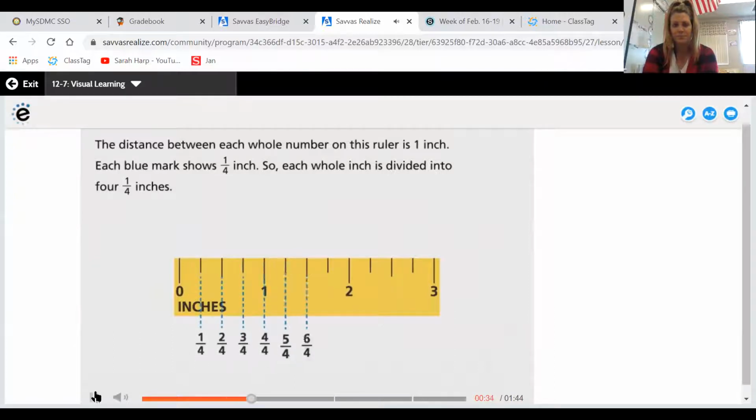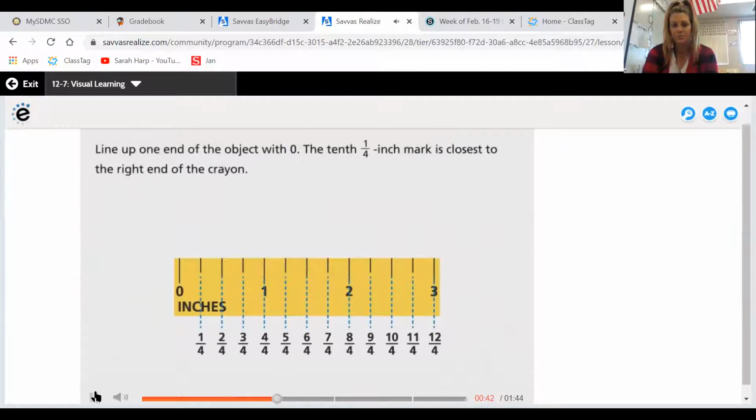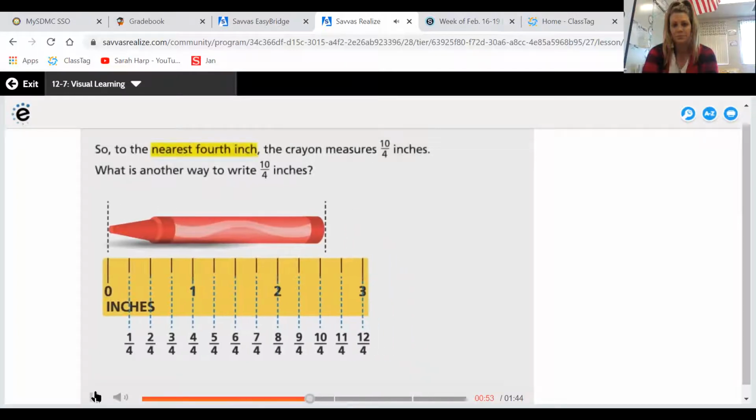Each blue mark shows 1/4 inch, so each whole inch is divided into 4 1/4 inches. Line up one end of the object with 0. The 10th 1/4 inch mark is closest to the right end of the crayon. So, to the nearest fourth inch, the crayon measures 10/4 inches.